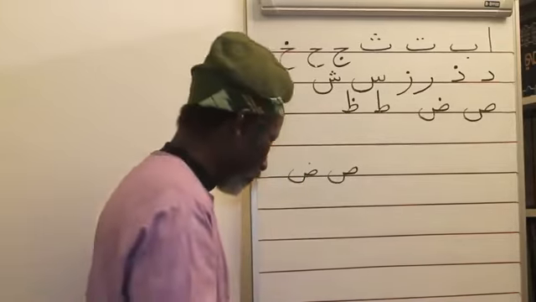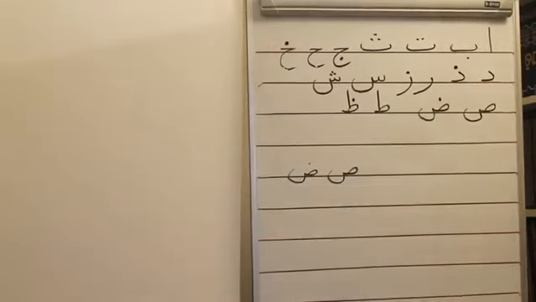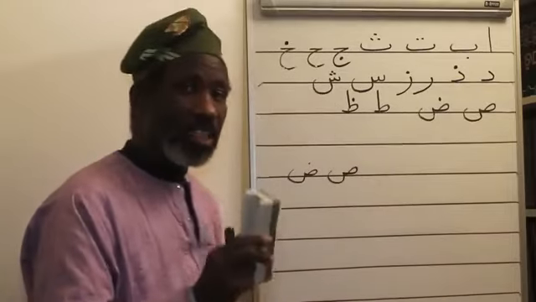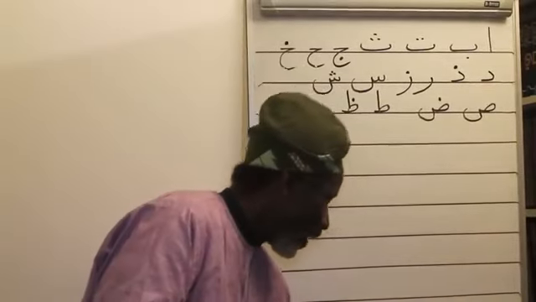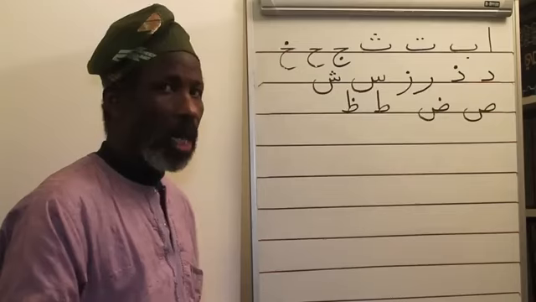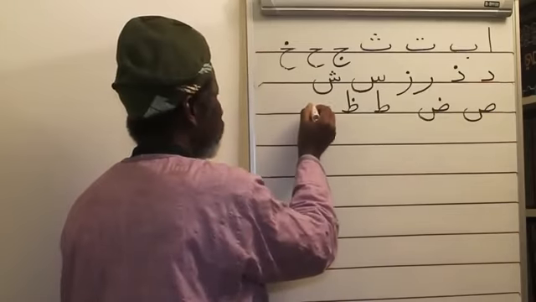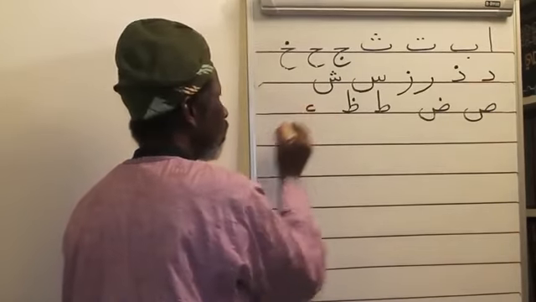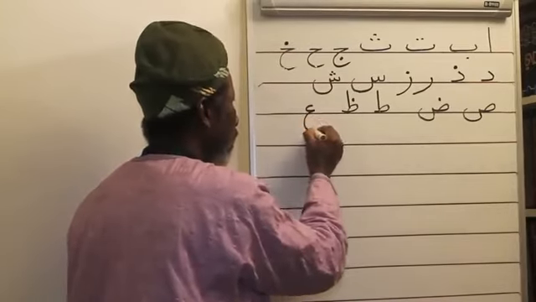Right. Next family. Also there are two in the family. This is a slightly challenging letter. The first one is like a small c on top of the line and a capital C coming down.